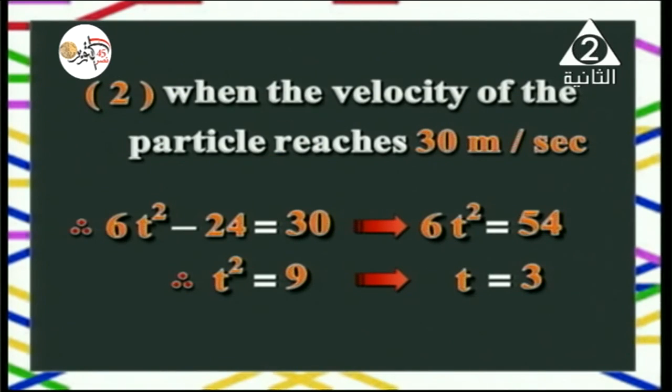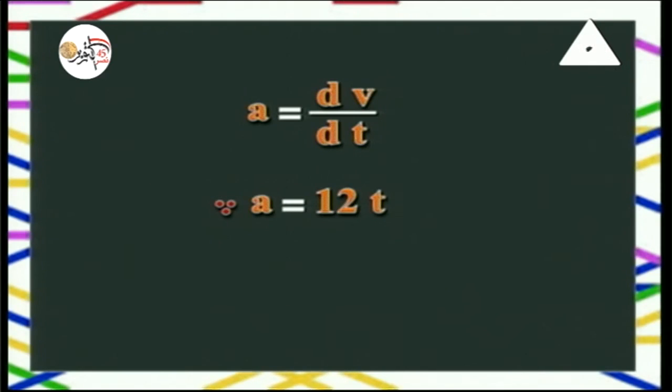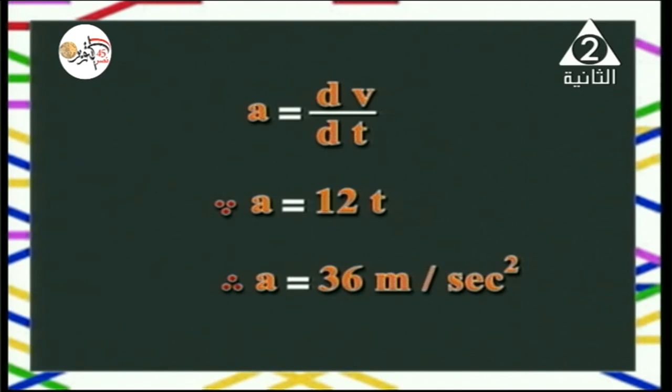Acceleration is the derivative of velocity with respect to time t. In this case, acceleration equals 12t. By substitution, since t equals 3, a equals 12 times 3, which equals 36 meters per second squared.